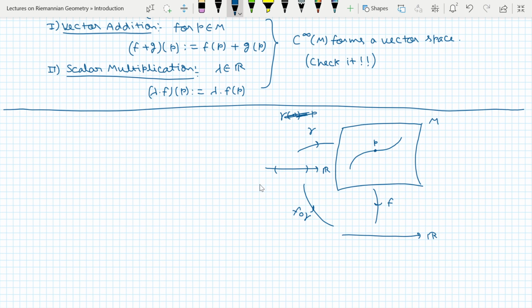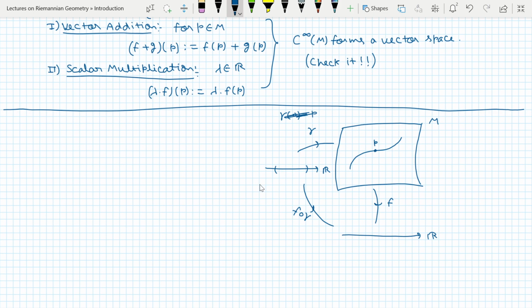So we differentiate this along the curve. That means we find the derivative of f of gamma. It will tell us how this is changing in the codomain of f when you change the parameter value in the domain of gamma, and that will tell you how things are changing on the curve. So that is how we define it.